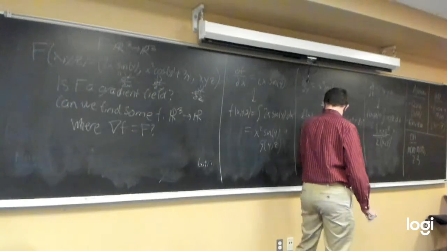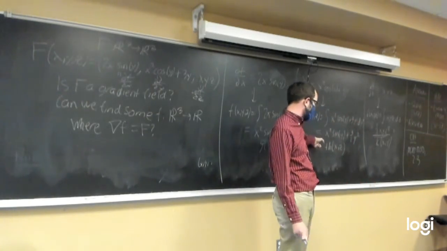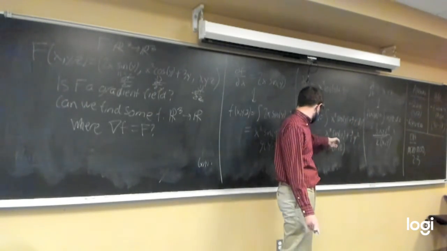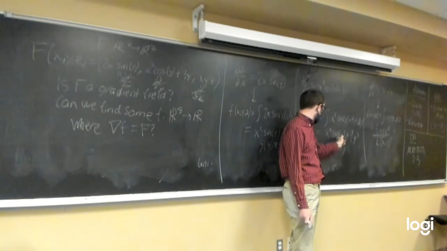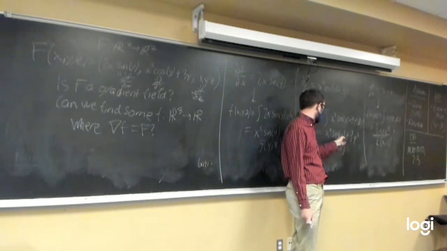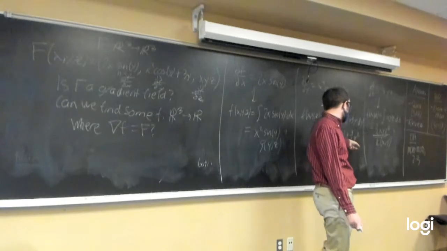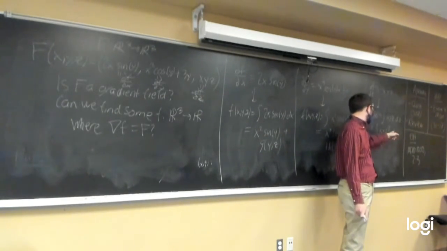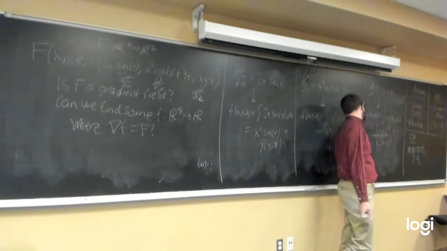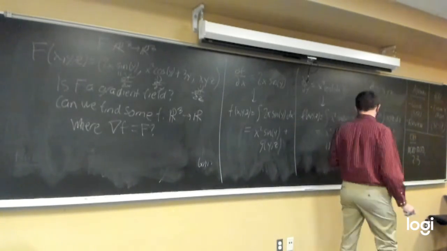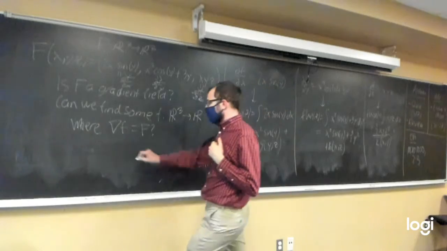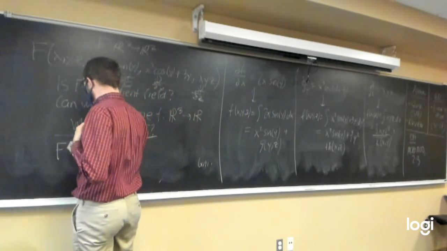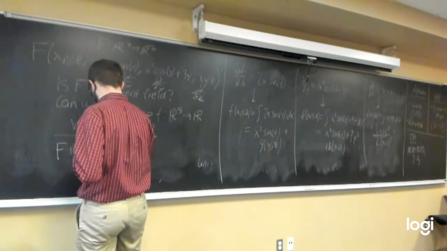And we could also say that that doesn't work with this one, because here we have that our only terms with y's in them are an x squared sine of y term and a 3/2 y squared term. Whereas here, we have another term with a y in it that's not of this form. So I think we can say the answer in this case is big F is not a gradient field.